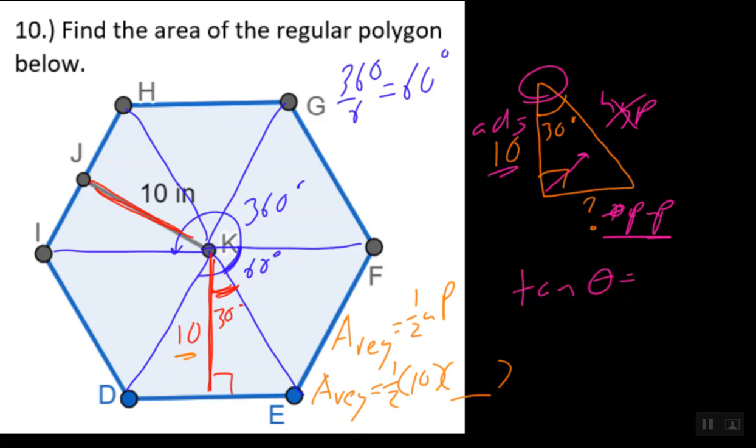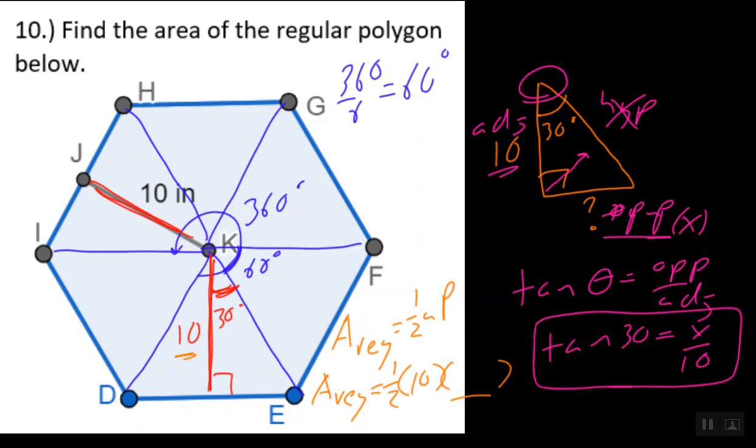We can say tangent theta is equal to the opposite, let's call the opposite x, over the adjacent. So here's what I'll do. I'll fill this in for y'all. The tangent of 30 degrees is equal to x over 10, and I'm going to stop right there.